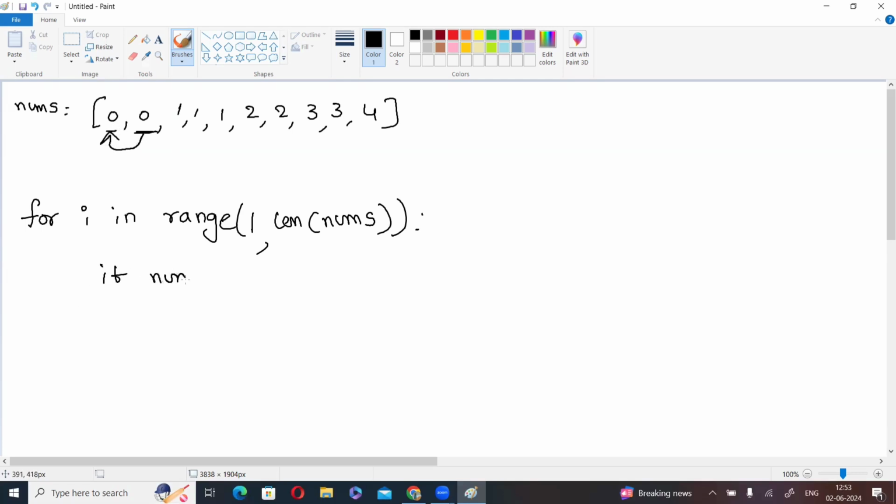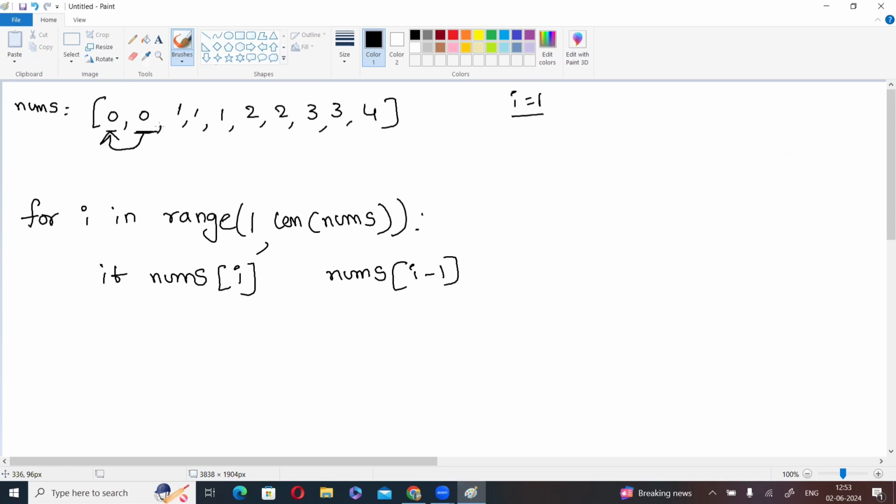How? If nums of i, where i is equal to 1, is compared with nums of i minus 1, that is the 0th position. i value is 1, i minus 1 value is 0. Here I am doing the comparison. Both are equal or not equal?